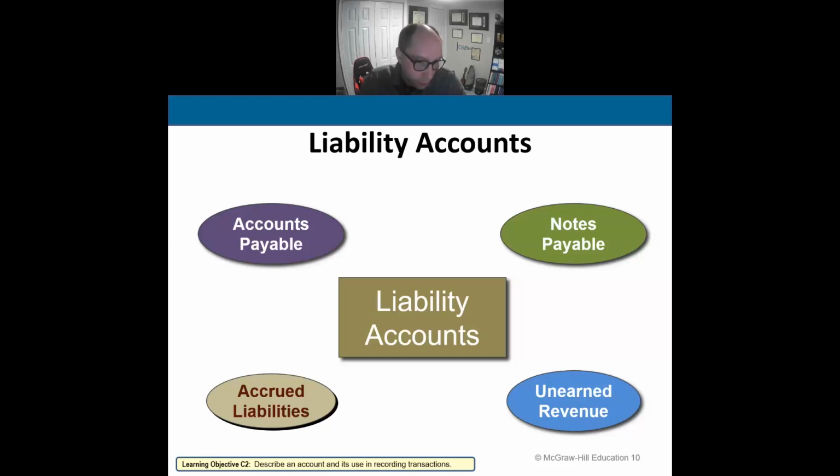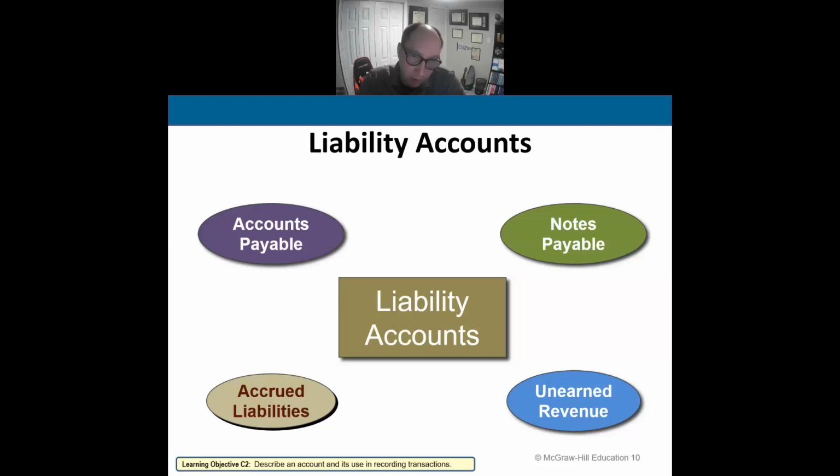Here's the difference between short term and long term. Short term means it's payable within 12 months or less. In accounting, anything that's called short term is 12 months or less. Anything greater than 12 months is called long term. Short term, 12 months or less; long term, greater than 1 year.